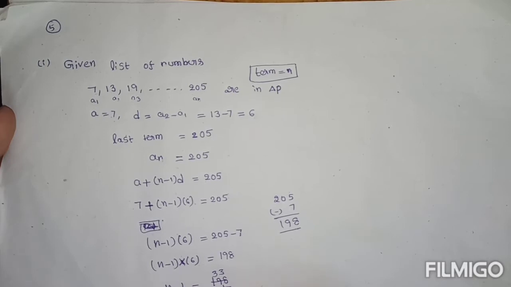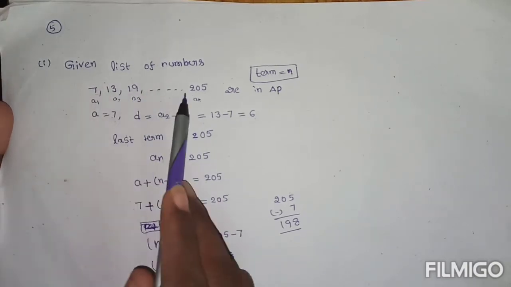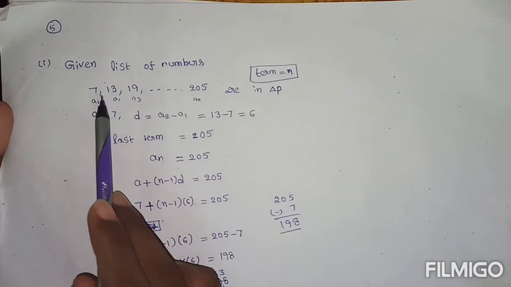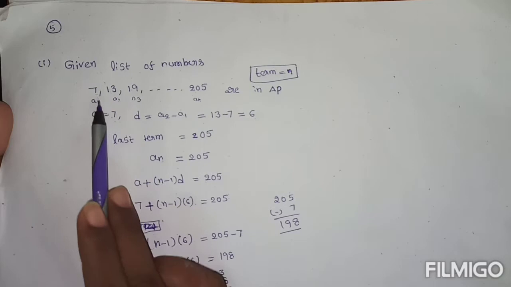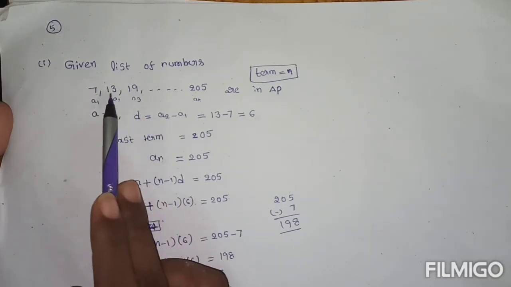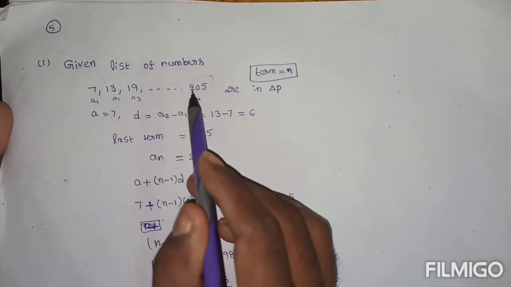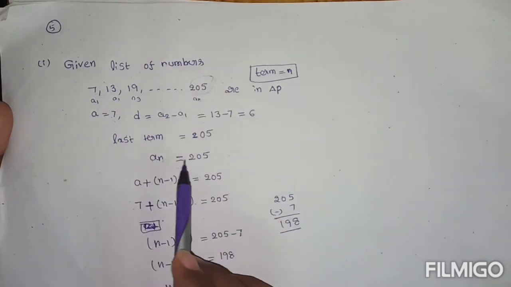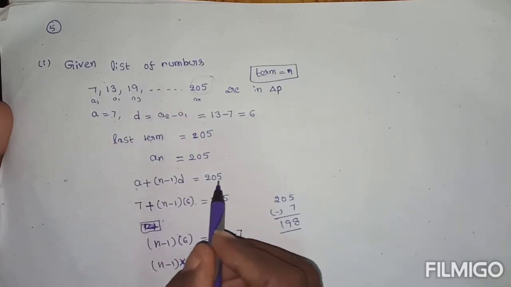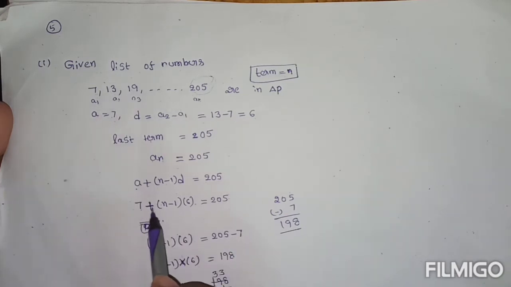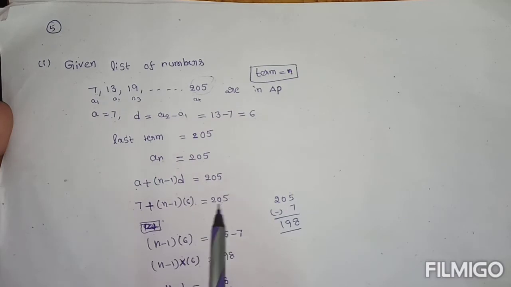Total 34 terms in the AP. Let us recap: the given list of numbers 7, 13, 19 and so on up to 205 is already in AP, and we find the number of terms, that is, the value of n. a is equal to 7, d equals a2 minus a1, 13 minus 7 equals 6. The last term is 205, so an equals 205. The formula is a plus n minus 1 into d equals 205, with a as 7 and d as 6.